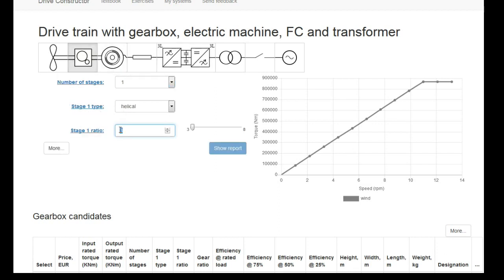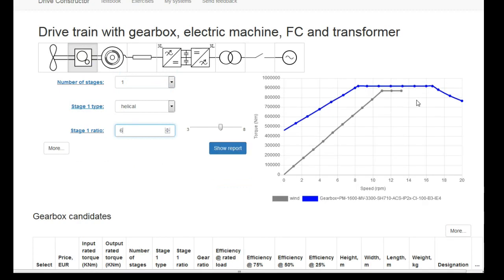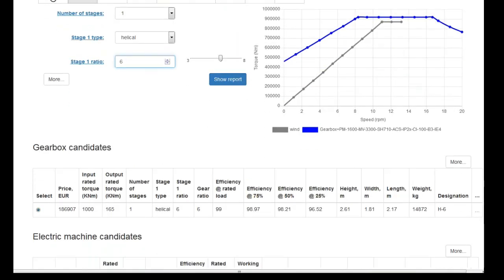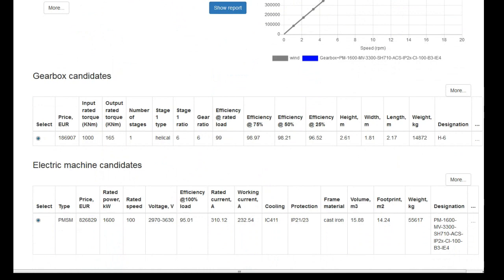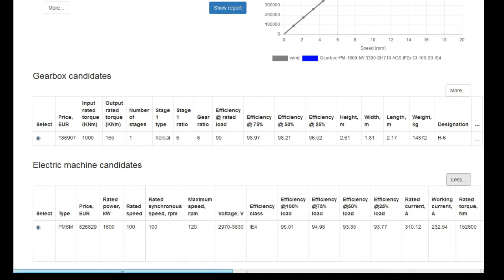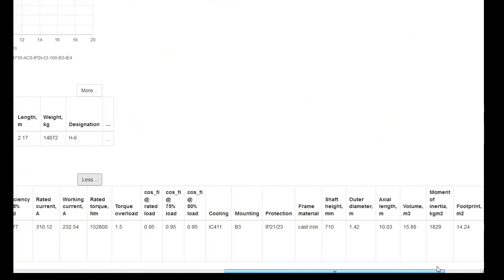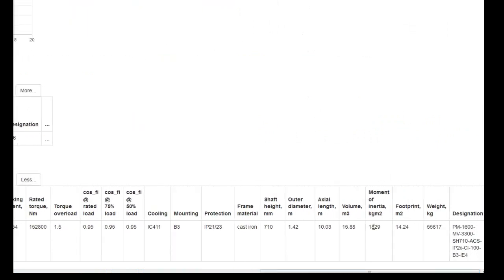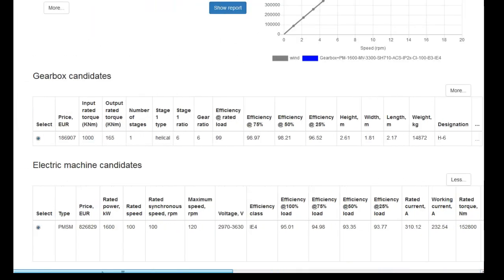And then still it cannot find any variant just before we increase the gear ratio to 6, and then the variant is there. So we choose electric machine and scroll to the right, and almost in the end we find the moment of inertia. This is what we were after. This is what we can put in our torque equation.